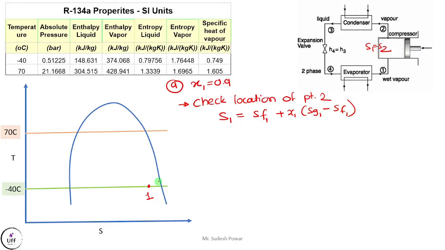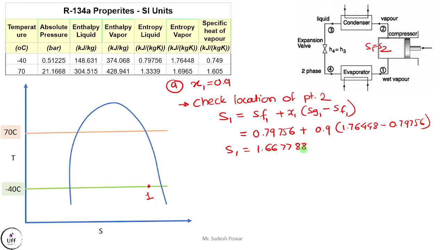Now this point number 1 lies at minus 40 degrees centigrade temperature. So whatever the SF and SG values related to minus 40 degrees centigrade, you need to put here. If you do this calculation, you will get entropy at point number 1 as 1.667788. You can write up to 4 decimal places.